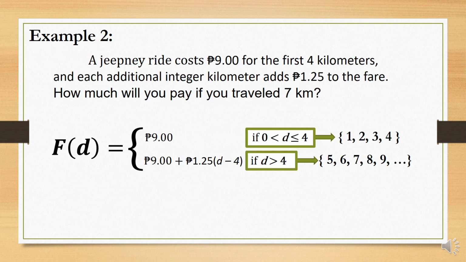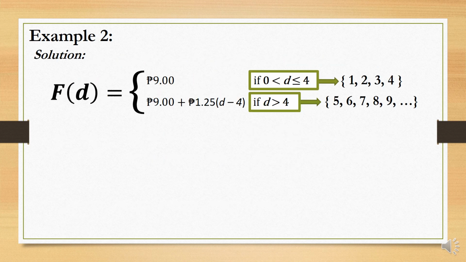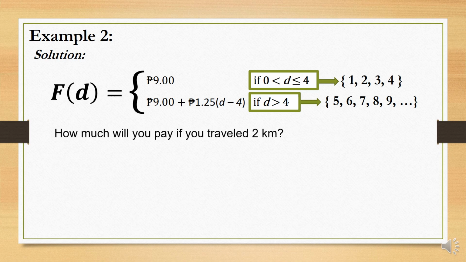Since you already know how much will you pay if you traveled 7 kilometers, now, how about if you traveled 2 kilometers? How much will you pay? Back to the piecewise function at hahanapin natin ang 2 kilometers.